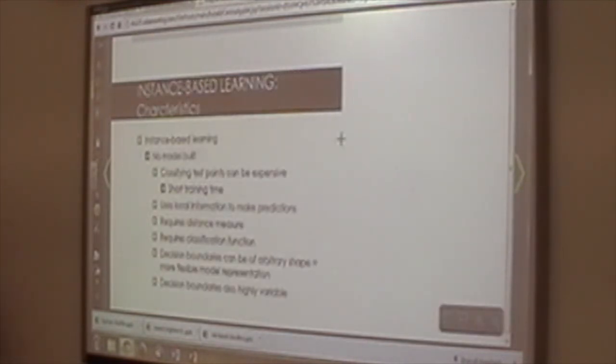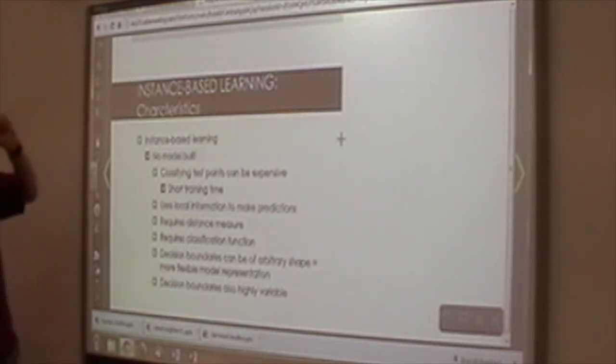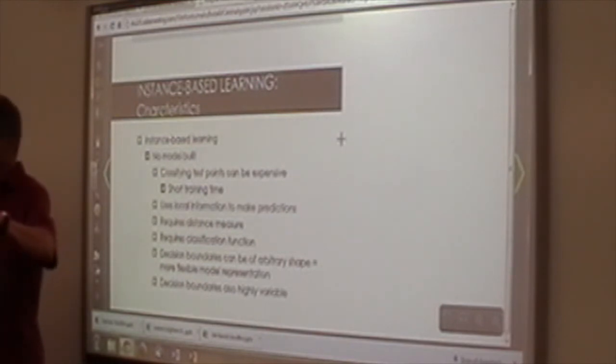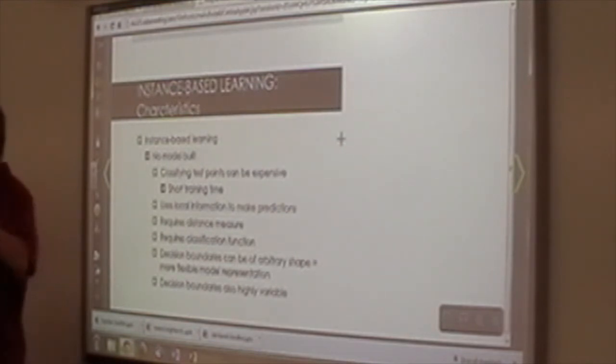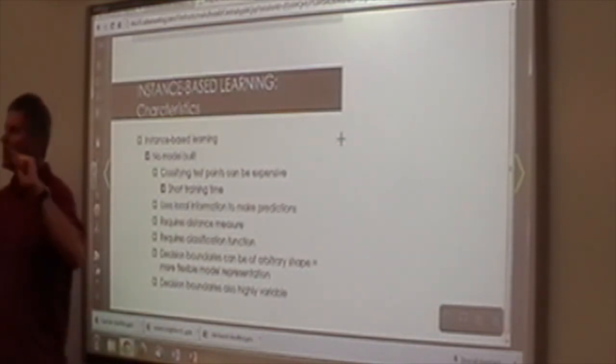Some characteristics. I said I'd come back to what I mean by instance-based learning, because the other two algorithms we've looked at for classification, decision trees and rule-based classifiers, work in a much different manner. Instance-based means we're not building a model.